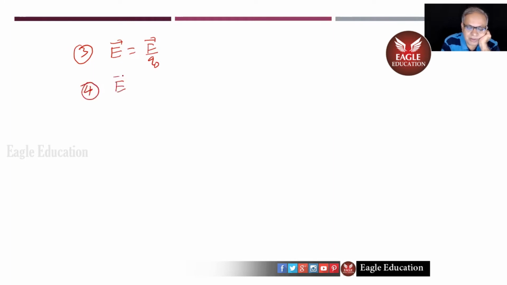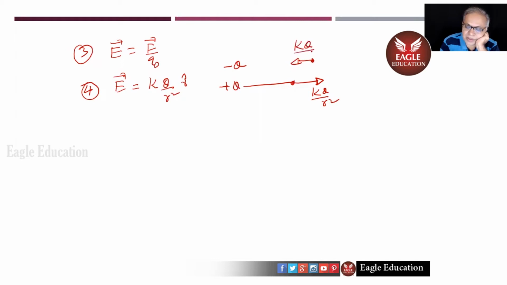E bar equals K Q by R square R cap, or K Q by R cube into R bar. That is, if plus Q is there, the field is away from it, K Q by R square. For a minus Q, it is towards it. Even that is K Q by R square.